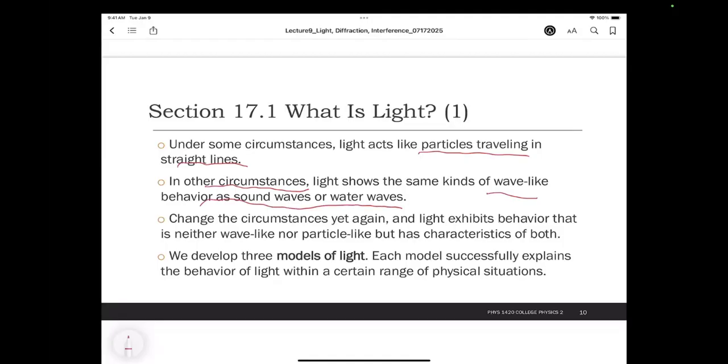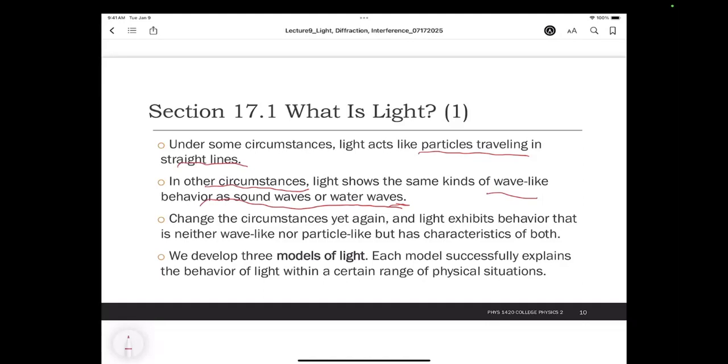This one is very difficult to describe or to see sometimes. But sometimes light just acts like a wave. We call it a light wave. And change the circumstances yet again, and light exhibits behavior that is neither wave-like nor particle-like, but has characteristics of both.